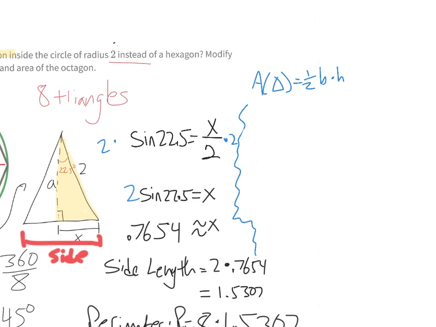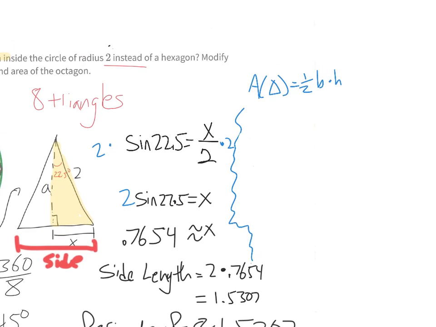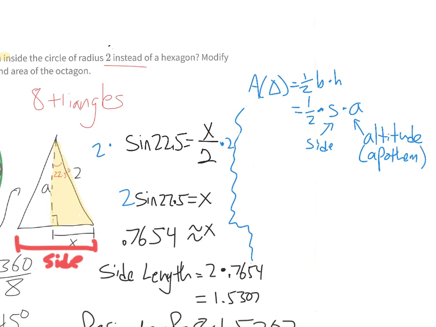Or specifically for this, we have 1/2 times S times A. A is the altitude, and S is the side. We're actually going to have another name for the altitude. We're going to call that the apothem. We'll talk more about that later.